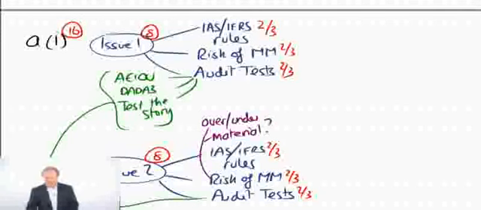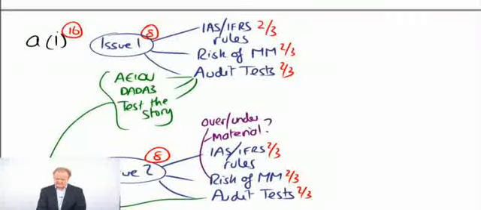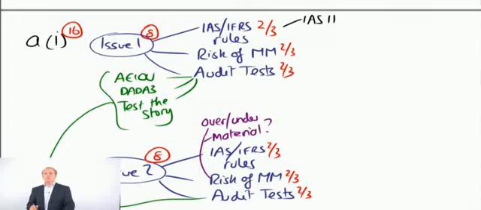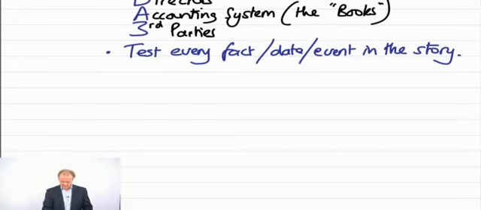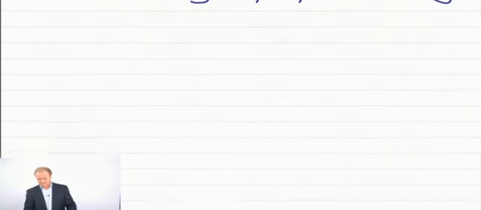The main issue, and I'm not convinced I'm going to have enough room here, but let's give it a go, is IAS 11 says that when you've got a contract, you can recognise, let's have a bit more room. Let's find some space. So, issue number 1.